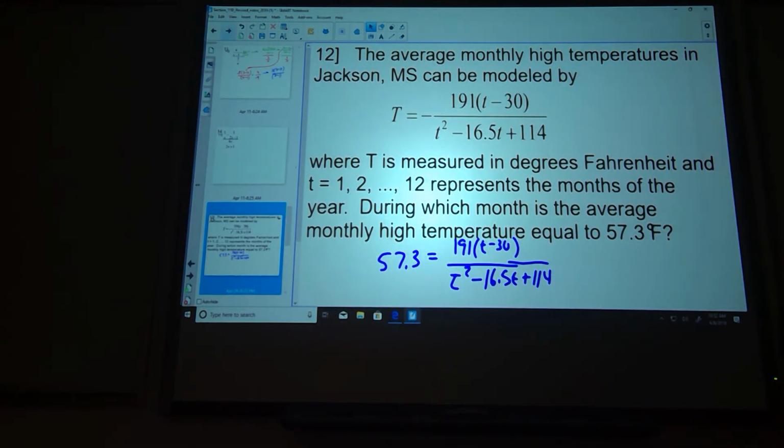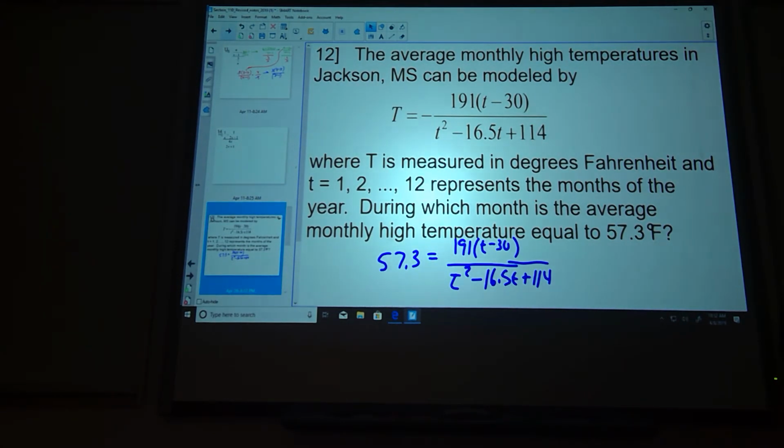I'm going to use graphing calculators. Use that. Oh, nice. Start graphing. Y equals 57.3 is one of them.